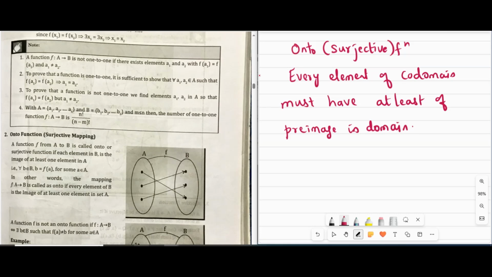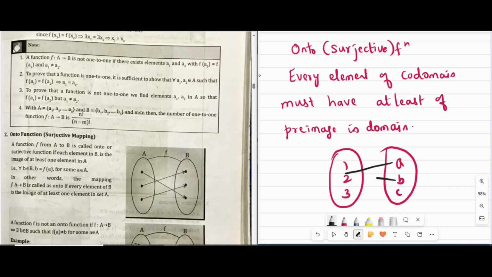For example, here f of a has the pre-image 1, f of b has 2, and f of c has 3.